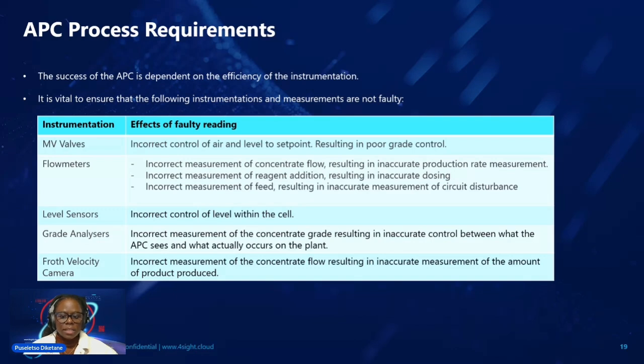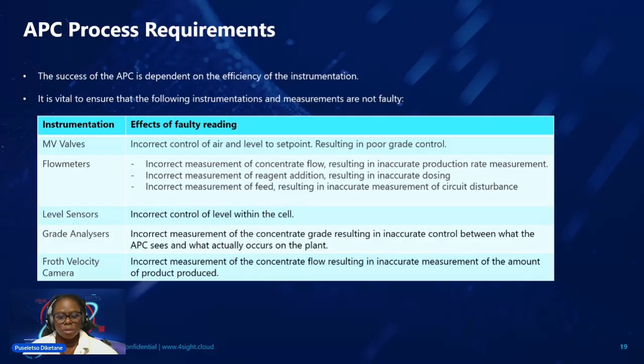If we ever have an instance where we have incorrect values being read by these devices, it will actually result in inaccurate mitigations to any disturbances that can happen in your circuit, and actually affect the quality of your final product, because we can't accurately measure how much material we're processing, how much we are dosing, and how much of our final product we are producing and at what quality or rather grade.